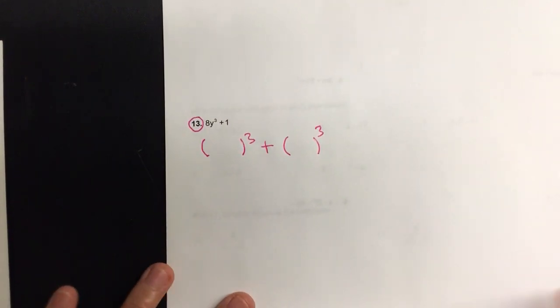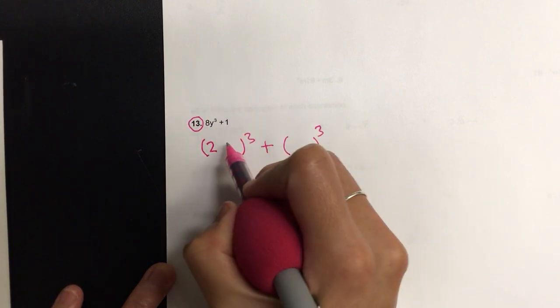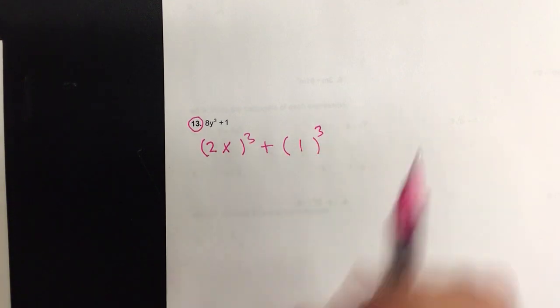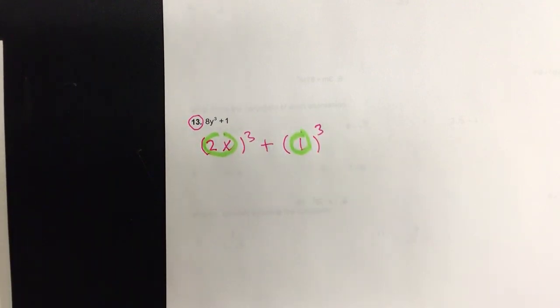So how can we write out 8 as something cubed? 2. And then I don't like y's, I'm going to stick with the x's. Now 1's special because 1 to the power of any number is itself. So let's circle those two since everything is going to revolve around that.